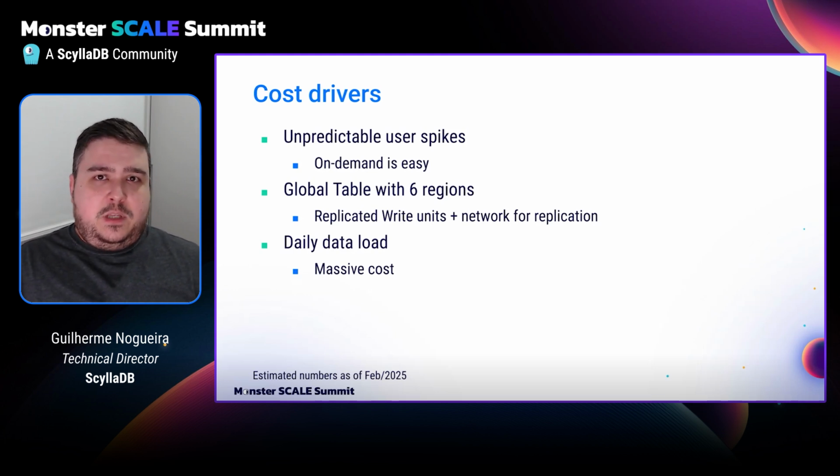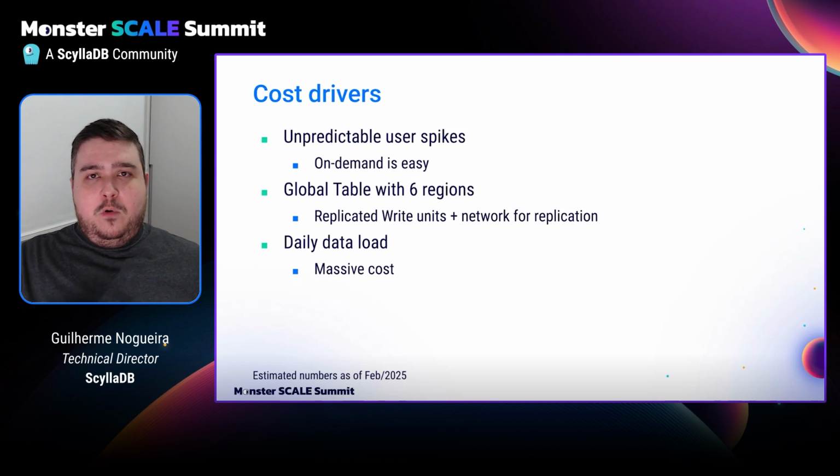It also has a global table with 6 total regions, 1 writing region plus other 5 replicas, which needs to be accounted for. Every write that is done to the base table has an additional cost for every region that is connected or replicated to, plus the network to replicate that data over the network to all those regions.